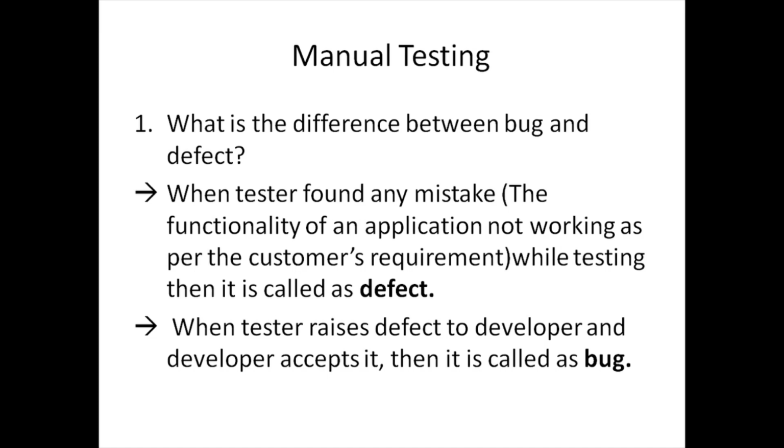Whenever a tester finds a mistake, meaning the functionality of an application is not working as per the customer's requirement, and the tester finds this while testing, it is called a defect. And when the tester raises this defect to the developer and the developer accepts it, then it is called a bug.